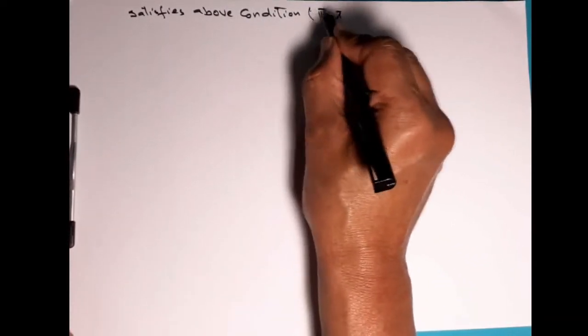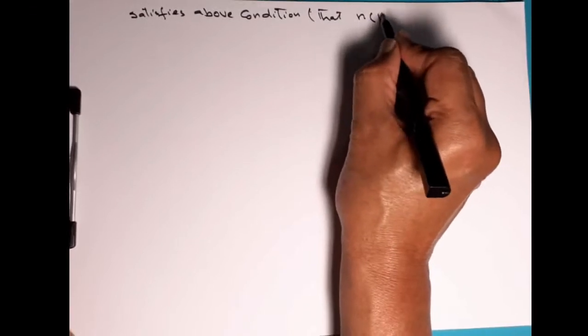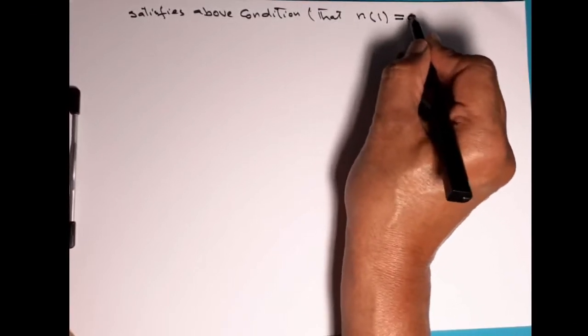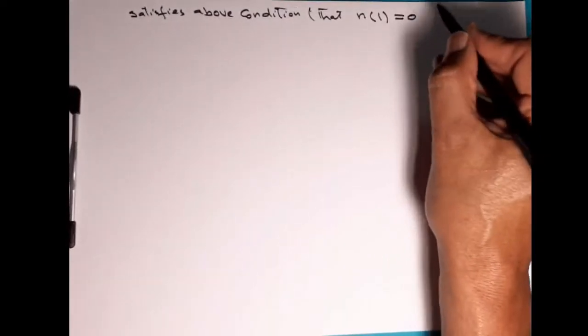What is that condition? n multiplied by 1 is equal to 0. This is not possible in Z.